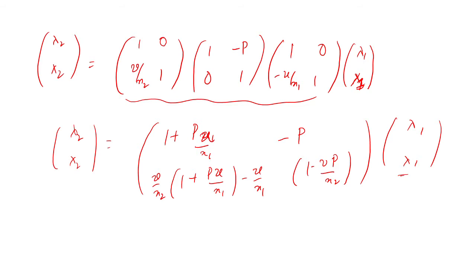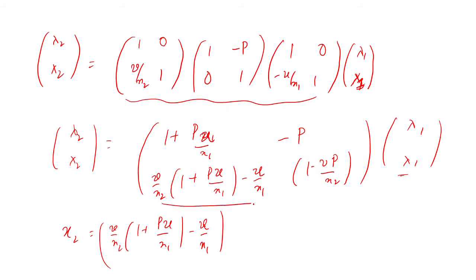Or from this I can write x2 as v by n2 times 1 plus pu by n1 minus u by n1, multiplied by lambda 1, plus 1 minus vp by n2 multiplied by x1, right?